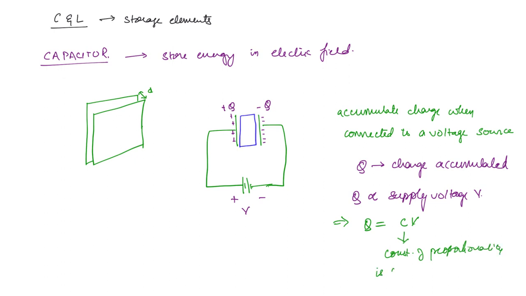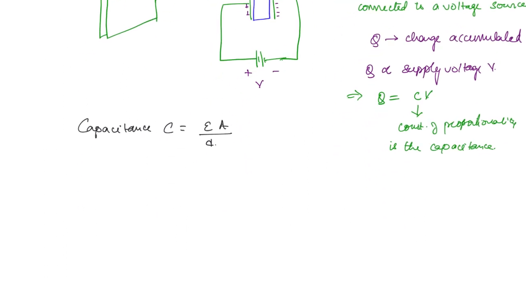Now the value of capacitance is dependent on the capacitor. It is specific to the capacitor. So what are the parameters on which it depends? The capacitance C is equal to epsilon A by d. D we have already seen, d is the distance between the two plates.